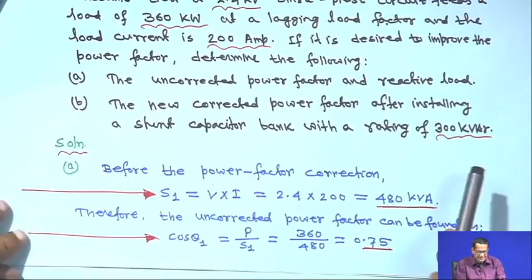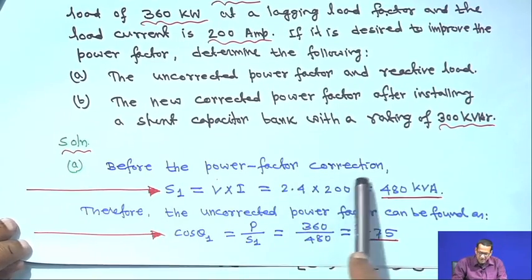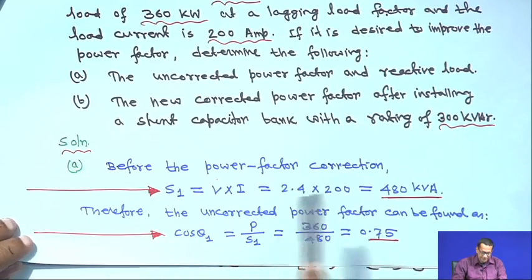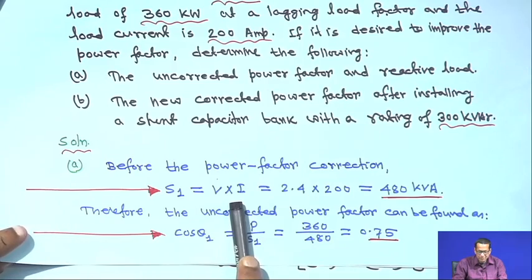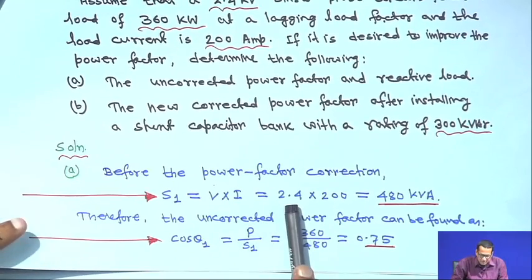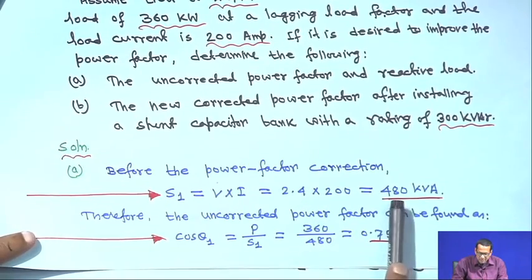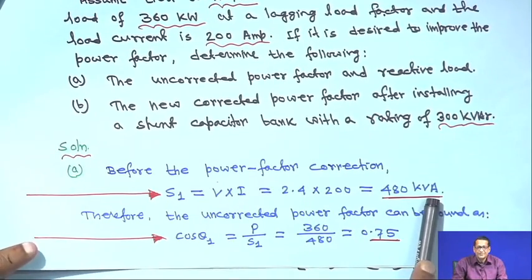So, in this case, solution part A. Before the power factor correction, S1 is equal to V into I, the apparent power VI. So, 2.4 kV is the voltage and current is 200 ampere. So, it will become 480 kVA, right.